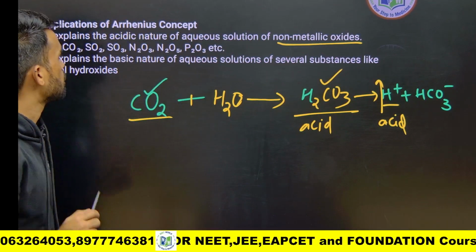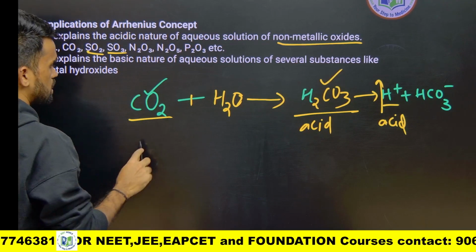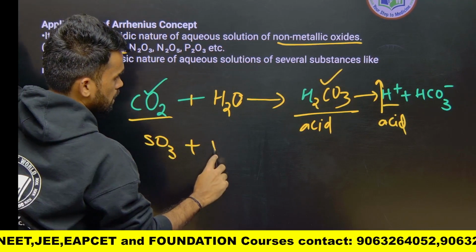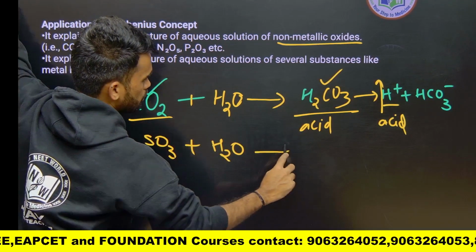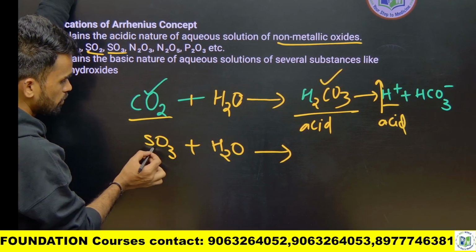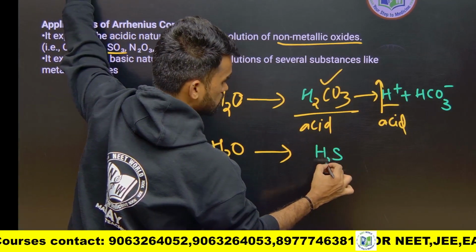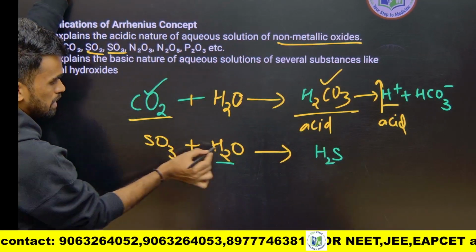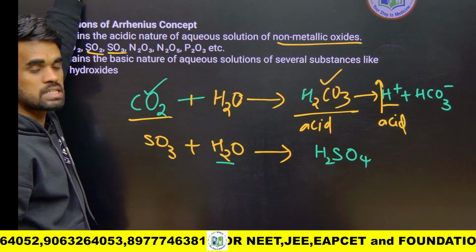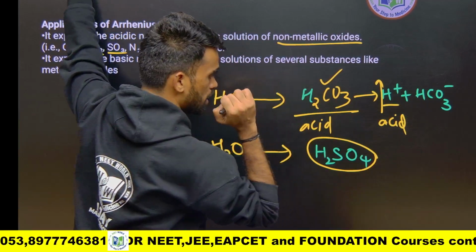Hope it is clear. Next, here we have sulfur dioxide, sulfur trioxide. Let us say sulfur trioxide is there. To this I am adding H2O. Look here, we are getting a very strong acid. See, one sulfur is there, 2 hydrogens are there, total 3 plus 1, 4 oxygens are there. H2SO4, sulfuric acid, king of chemicals, right? So we got sulfuric acid, which is a strong acid.